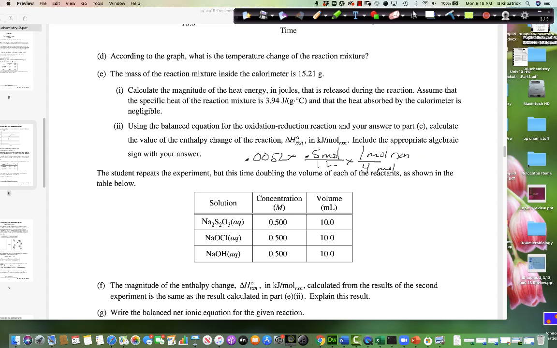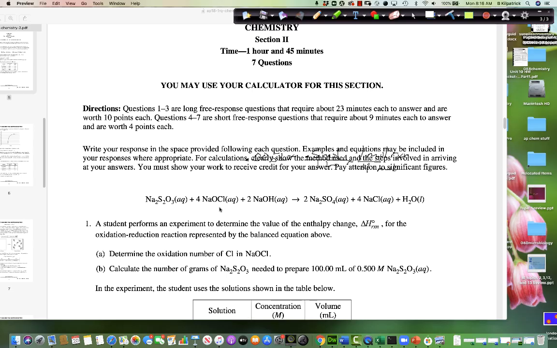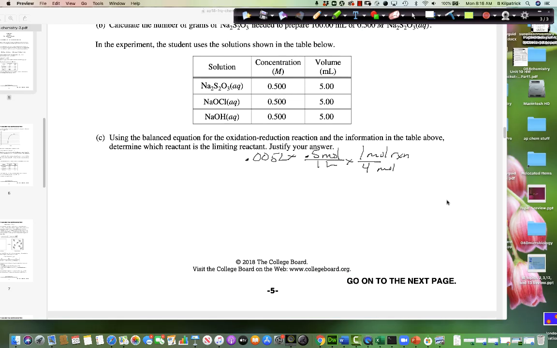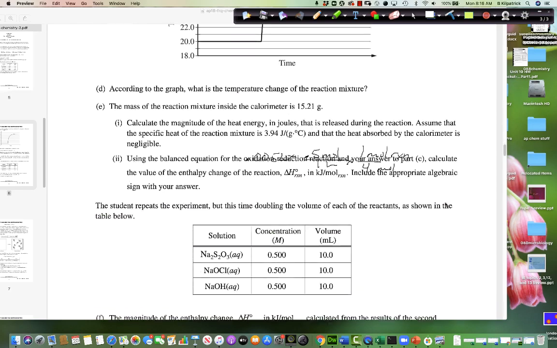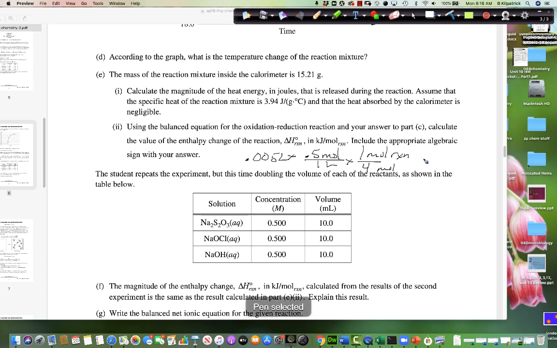So if you go back and look at the reaction, remember there's 4 moles of that. Whenever this reaction occurs and it releases so much heat, you need to have 4 moles of that to produce that amount of heat. So essentially, you need to account for that in your calculation. So I'm going to get 0.000625. Okay, so that's how many moles.